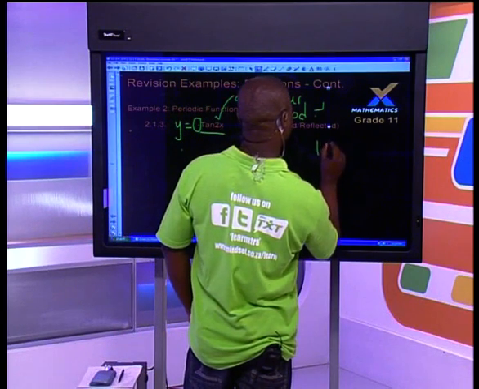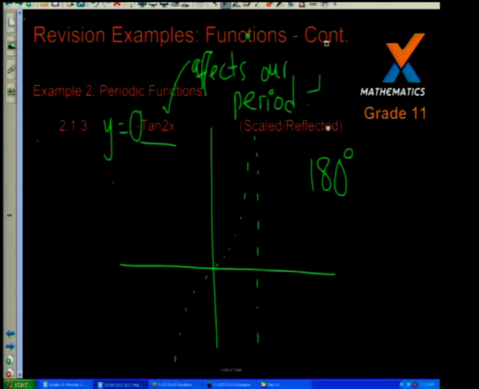If your period is 180 degrees, it is going to be equal to 2x at the end, and you're going to have x equals 90 degrees as your new period. Initially, remember we had 180 equal to x. So x was the period.